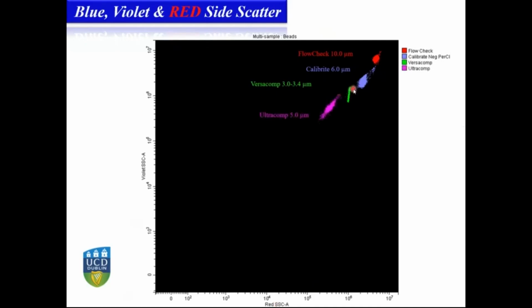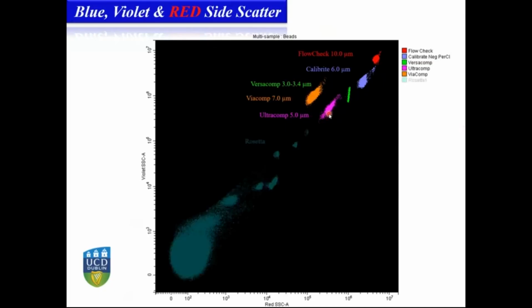When we look at the UltraComs, which are larger than the VersaComs, they come out smaller on the scatter. These change completely the relationship of violet versus red. When we look at the VioComs, the hydrogels, they clearly have more violet side scatter than the UltraCom beads.